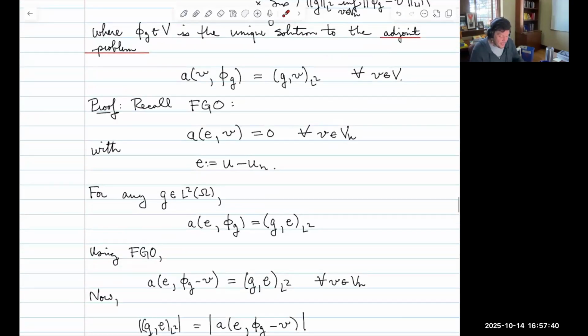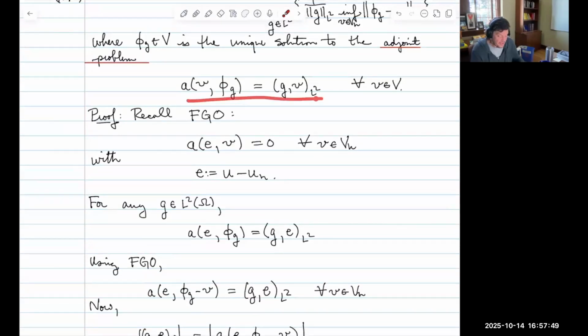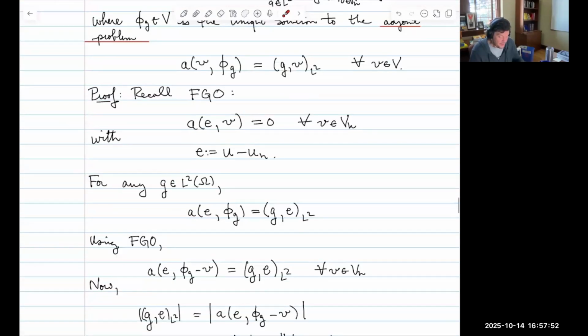For any g in L2, we can now observe that because phi g is the solution to the adjoint problem, and E is an H1 function, or more specifically it's in V, that closed subspace of our Hilbert space H1, then if this equation is satisfied for all v in V, certainly if we choose a specific function from V, it's satisfied for that specific one.